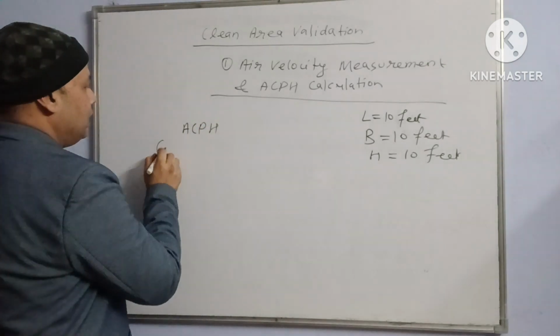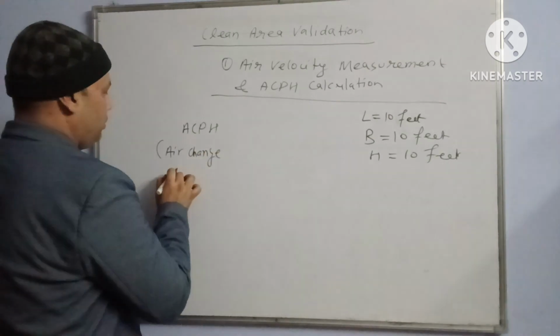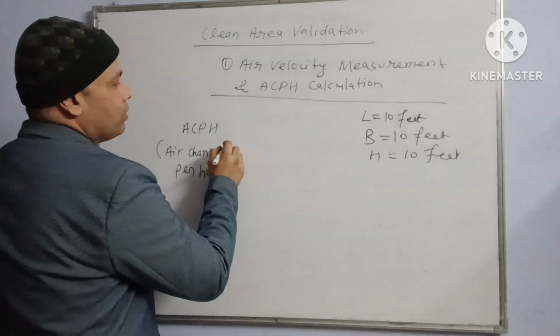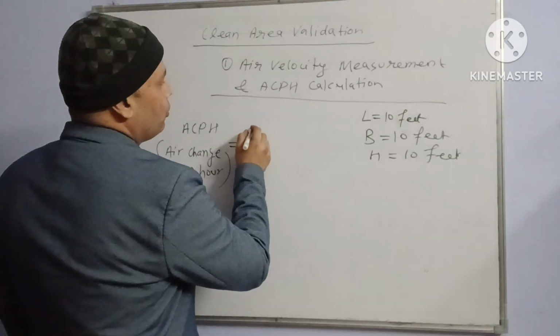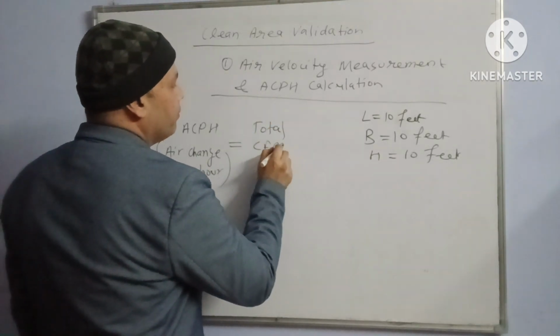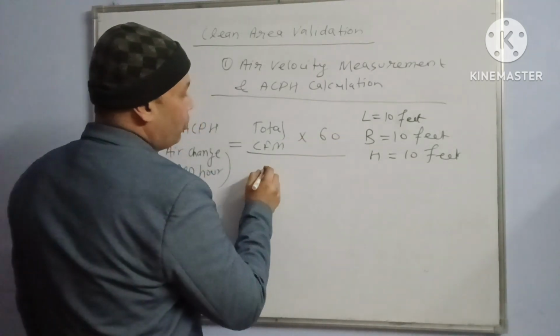ACPH is air change per hour. Air change per hour is the ACPH. It is equal to total CFM into 60 divided by room volume.